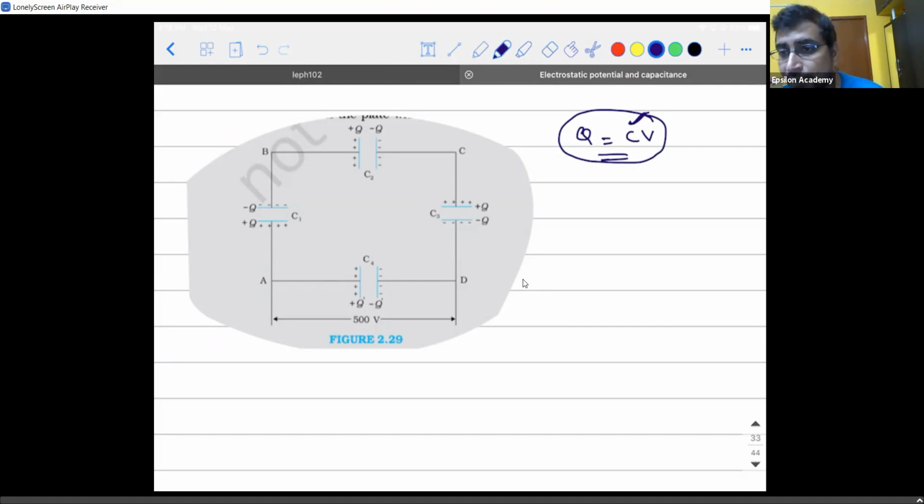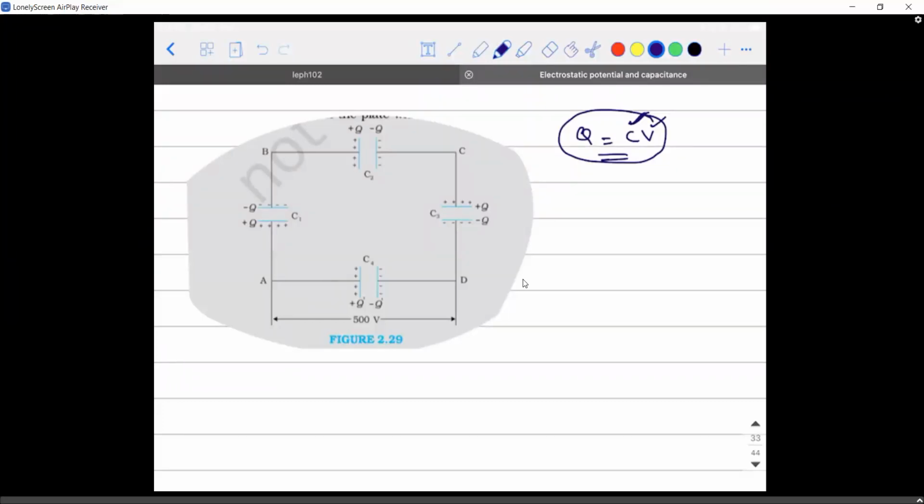C represents the capacitance of that capacitor. And what does V represent? Does V represent the total voltage or the potential drop across that capacitor?